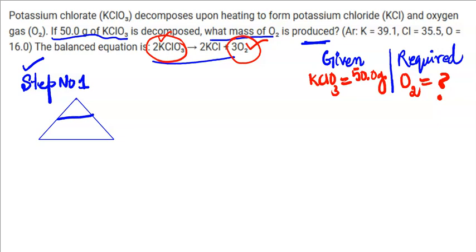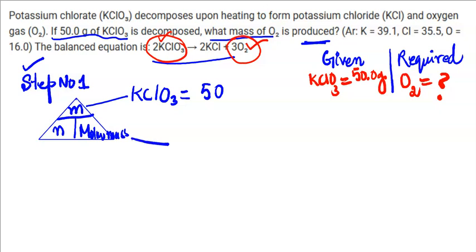You use the triangle method, that is M, N, molar mass, right? Now, M is given. You are talking about KClO3 and the mass of KClO3 is 50 gram. Now you need the molar mass of KClO3.